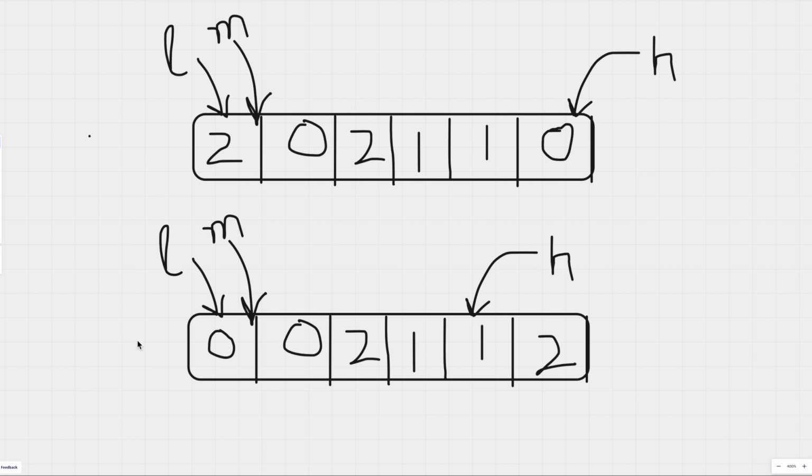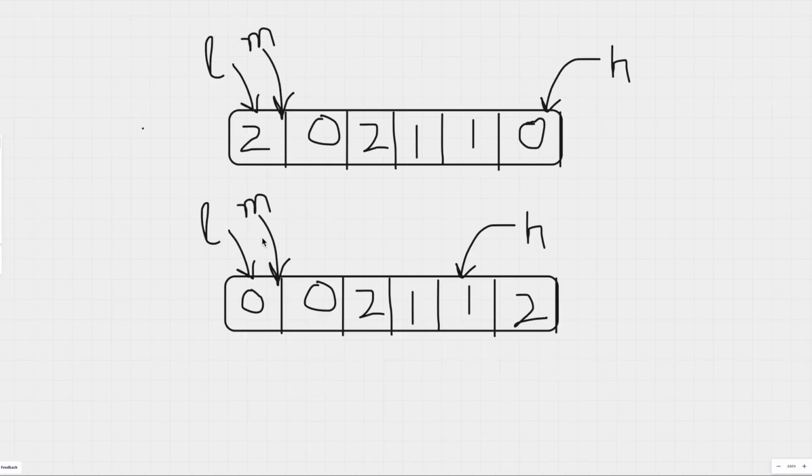Now it will once again check, and it sees that it is 0, right? So when it sees that it is 0, it can move forward, because now it knows that 0 is already placed here. Or rather, mid has found 0, so it will swap with low, and swapping with low places the 0 in its same place.